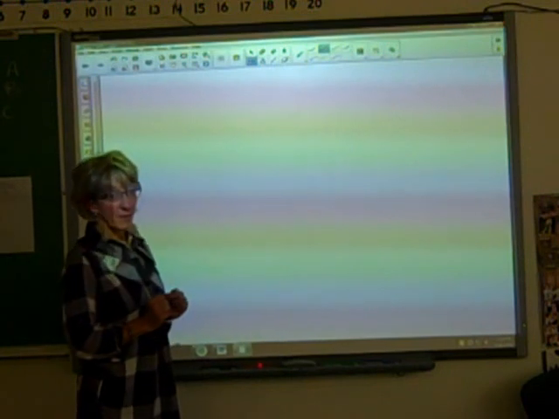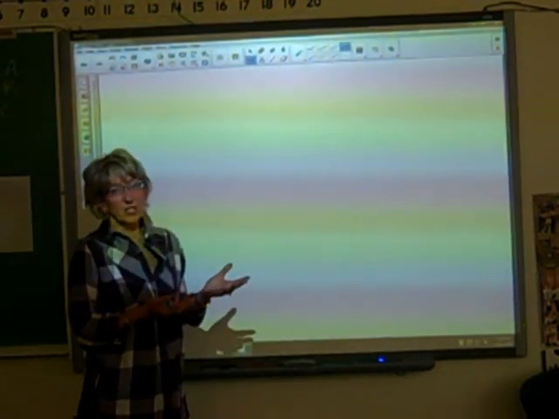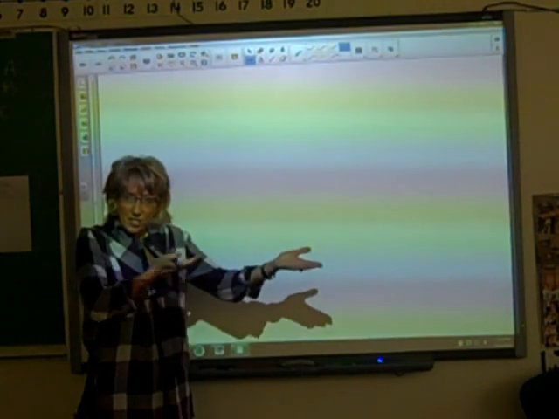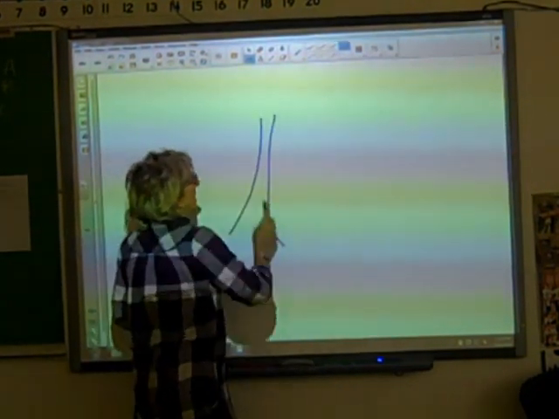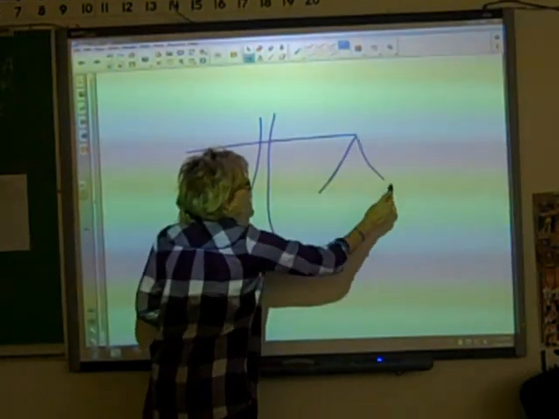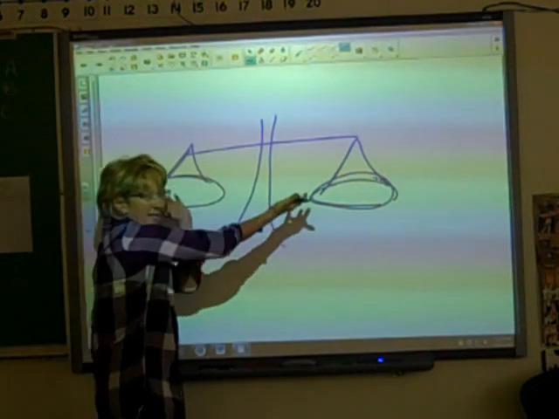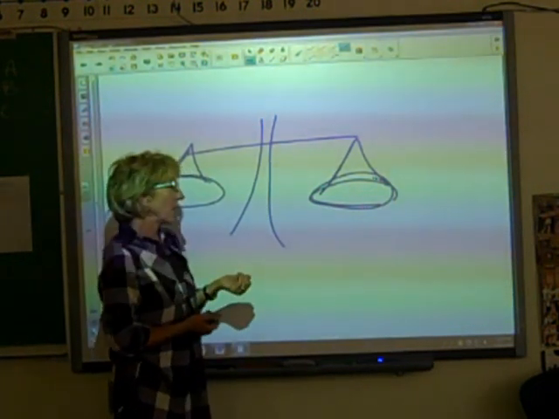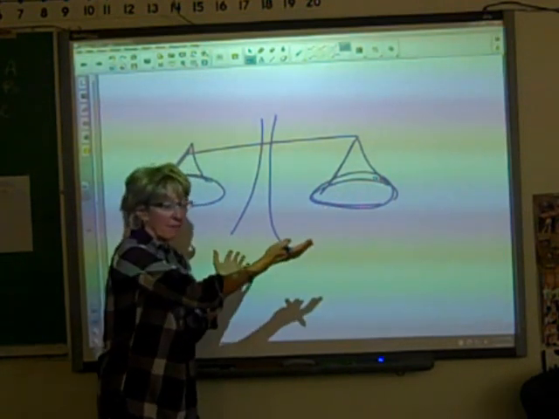I want to start out by reminding you about solving equations. Solving equations is keeping equations in balance. And if you remember your science classes where you actually worked with balance pans and weights, you always had to keep the same weight on both pans in order to keep them balanced.